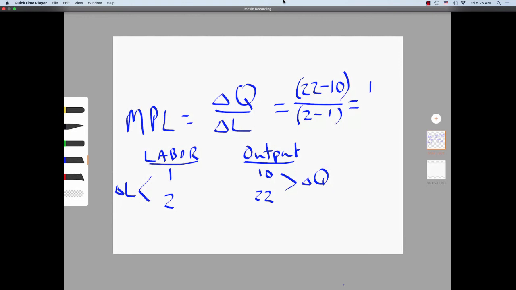So that gives us 12 over 1, and that's the marginal productivity of labor. The second worker adds an output of 12. We're not looking at the combined output, and we're not looking at the average here. We're looking at the change that is brought about by adding 1 more worker.